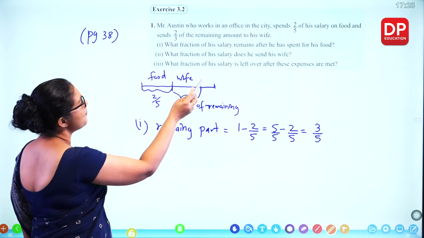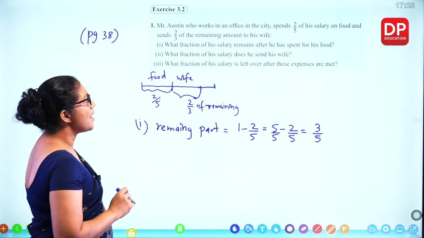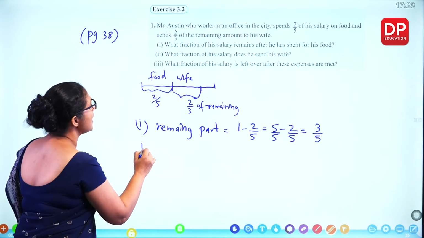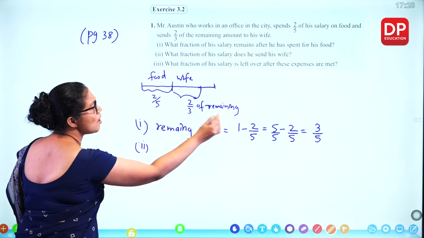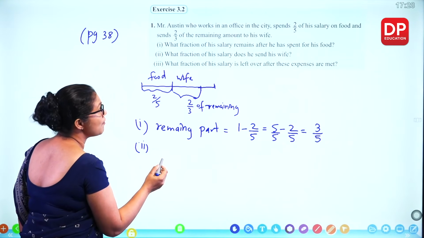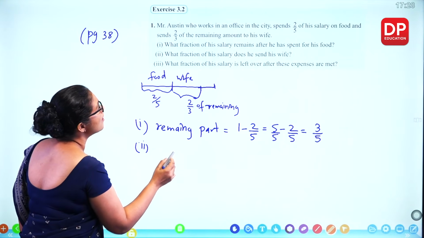Now it says, what fraction of his salary does he send to his wife? It says 2/3 of the remaining he sends to his wife. So we can straight away find the fraction.